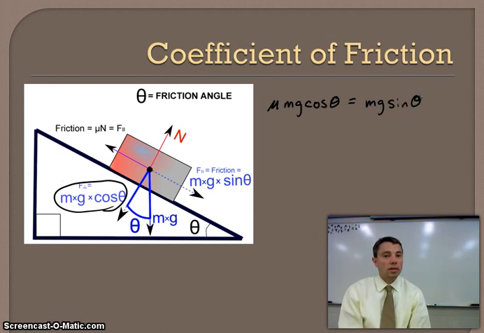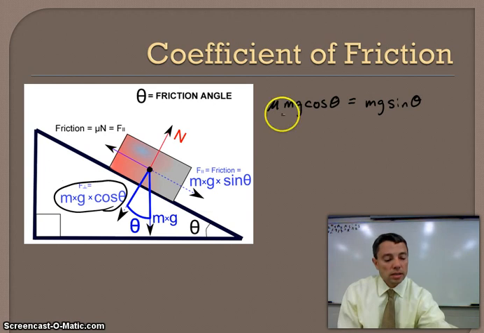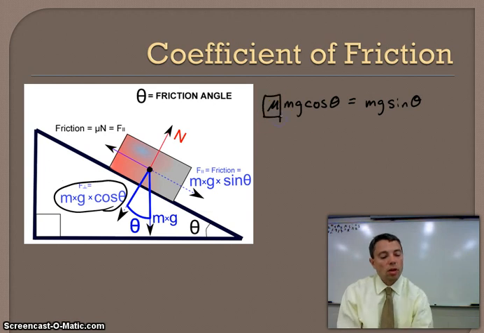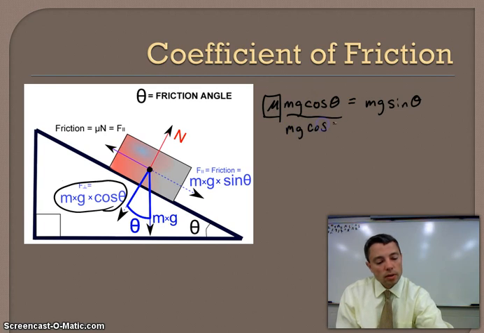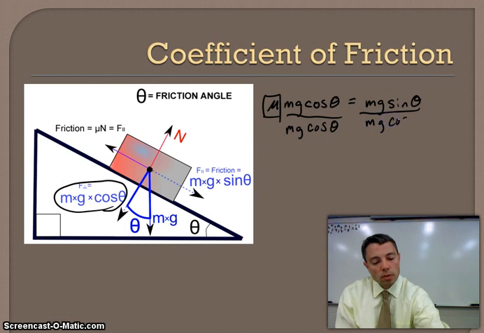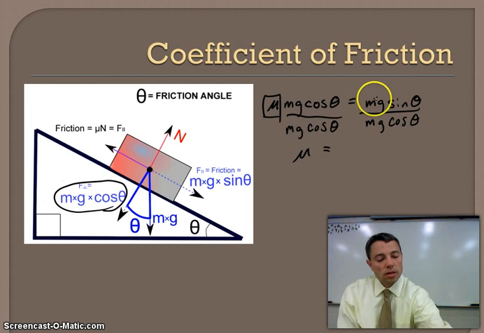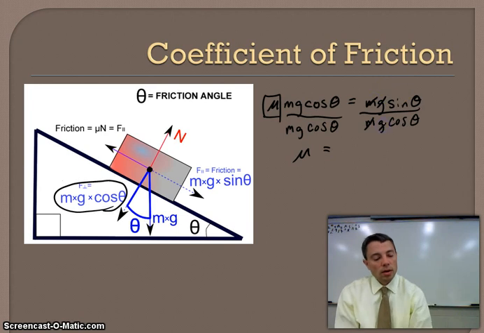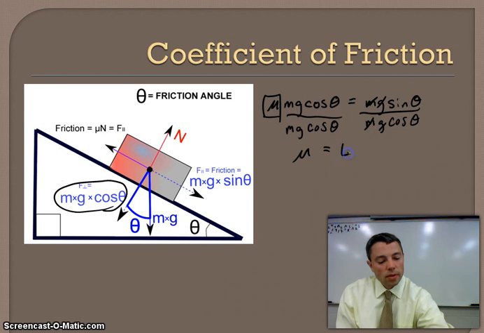If I wanted to solve for the coefficient of friction, I would divide both sides by mg cosine theta, and I can see that another way to look at the coefficient of friction is the sine of theta over the cosine of theta, or the tangent of theta.